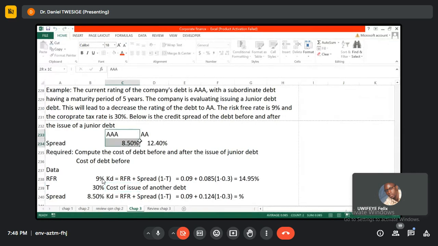Before the debt, this was the current debt that you have, and it was rated AAA. The one which is a subordinate debt. Now, you have issued another junior debt. By issuing a junior debt, your rating is reducing to AA. And then the spread becomes 12.4. This is the current spread. This is the new spread after issuing new debt.